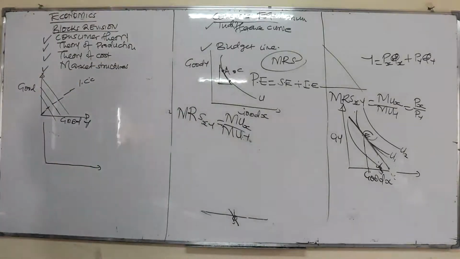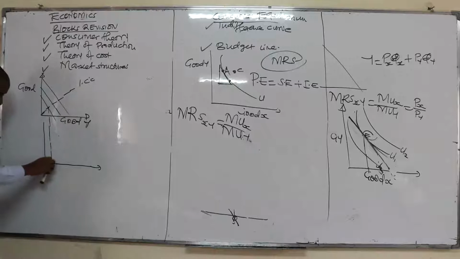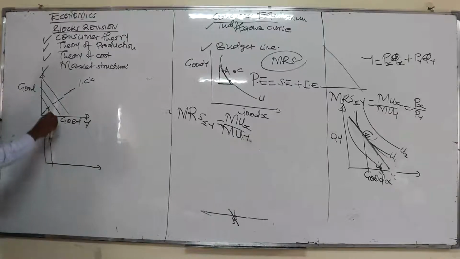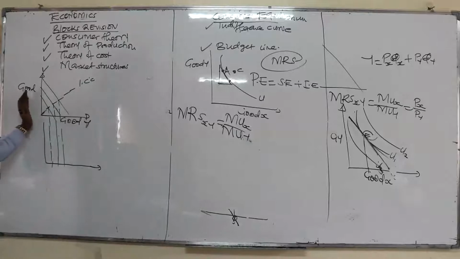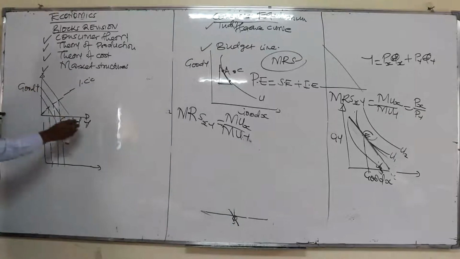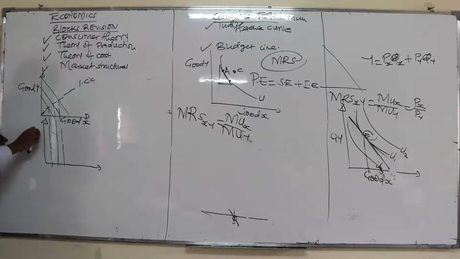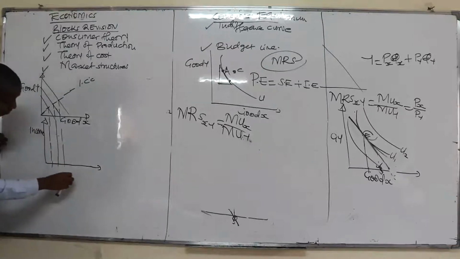Now the income demand curve in this case will be developed this way. Remember, this is for good Y and that is good X. In this case, we want to develop what we call the income demand curve.